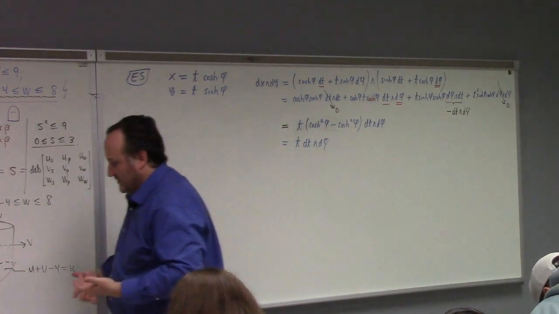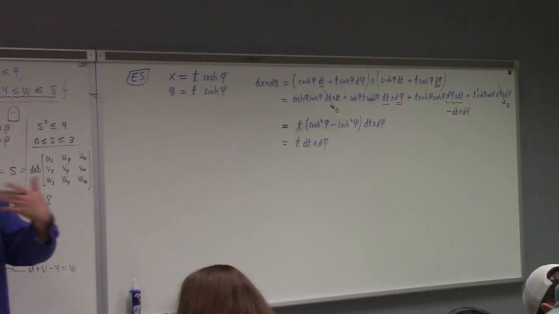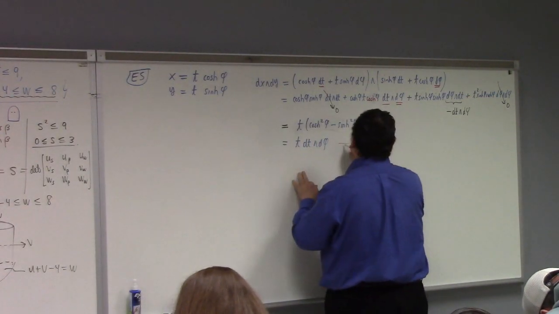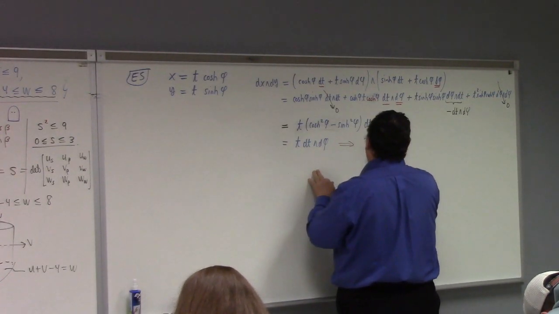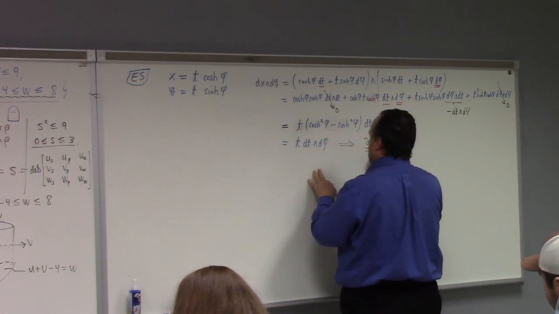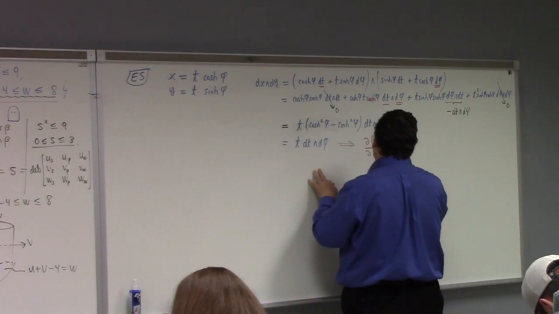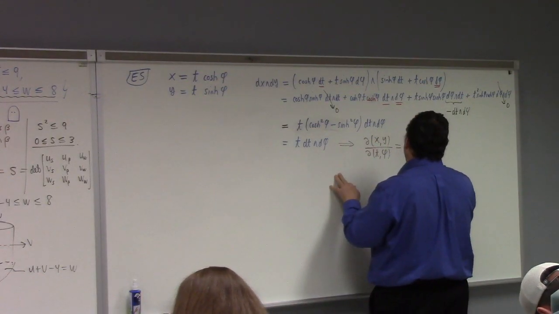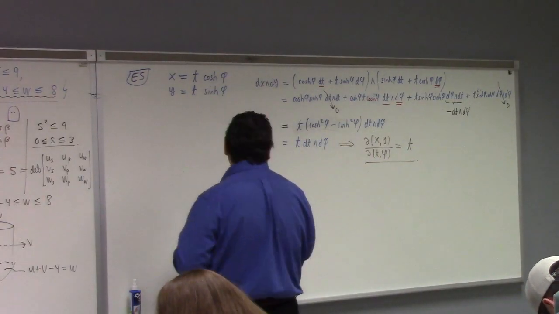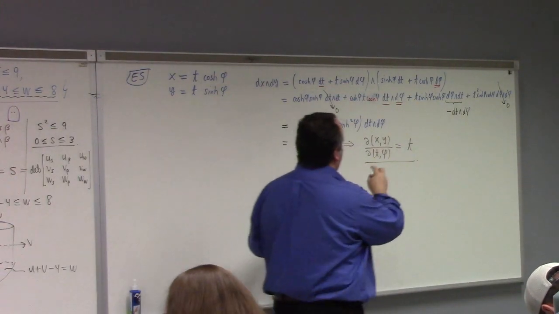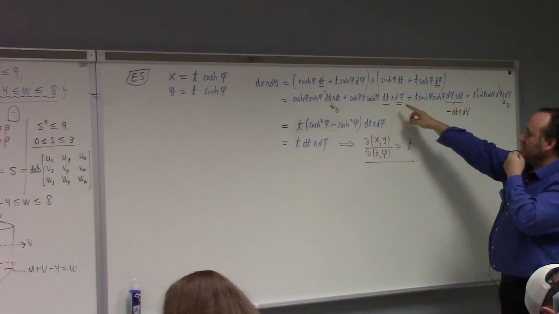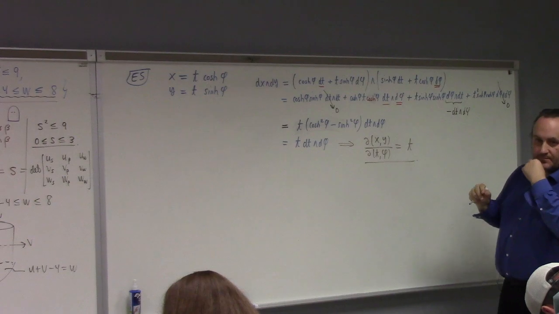Now, of course, that's not the standard. This means that the Jacobian of xy taken with respect to t and phi here is equal to t. How did we get that minus? That minus comes from flipping these, because I had dt wedge d phi there rather than d phi wedge dt.